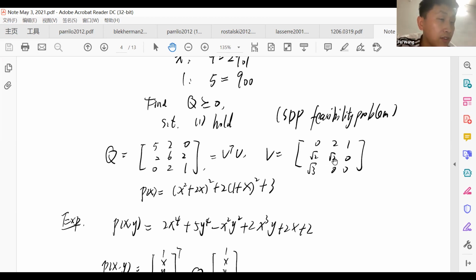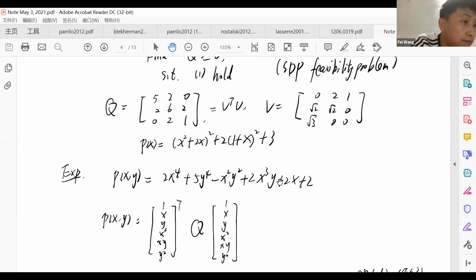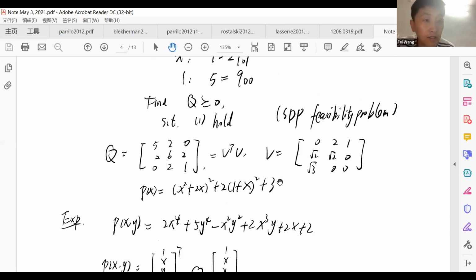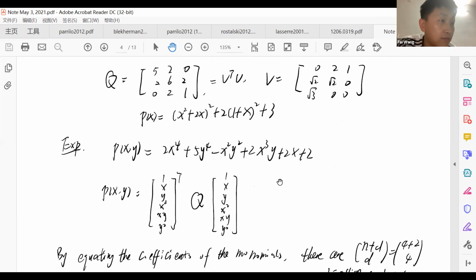The second square comes from the second row, and similarly for the third term. So this is the example for the univariate case.